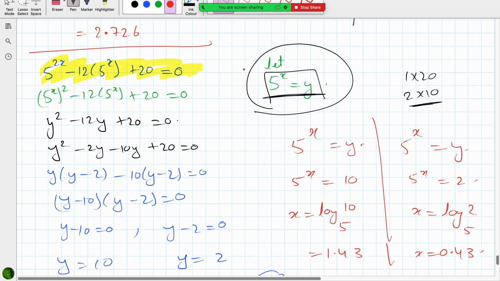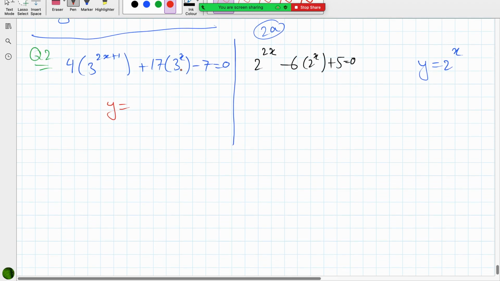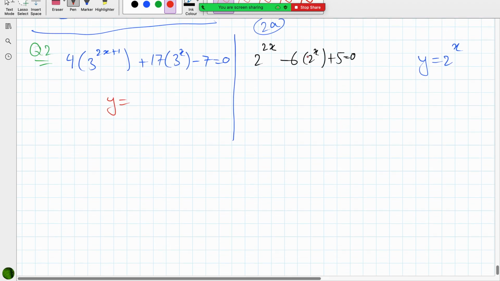The question we just did previously, we made 5 raised to the power x equal to y, and in these two questions I am selecting 2 raised to power x equal to y. And what should I write in this 2h part? Y is equals to 3 raised to the power x. So this was important.